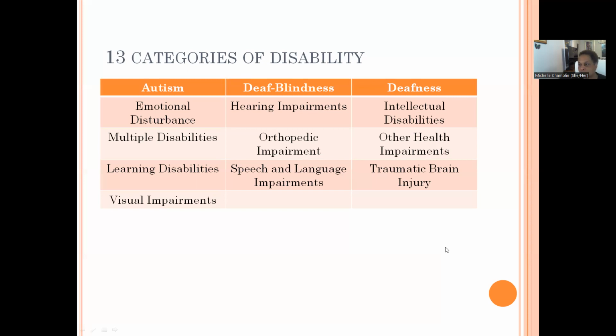It does not include deaf-blindness. So this has more than one disability, but one of them has to be an intellectual disability with another disability.